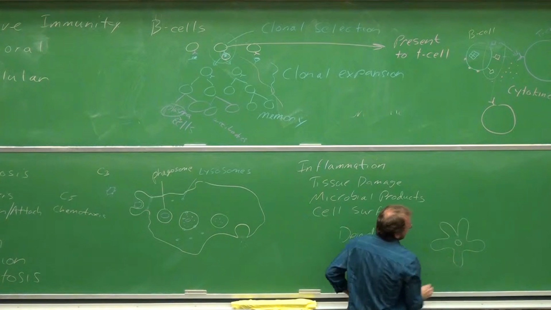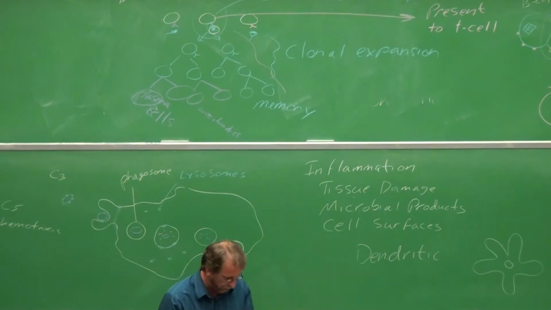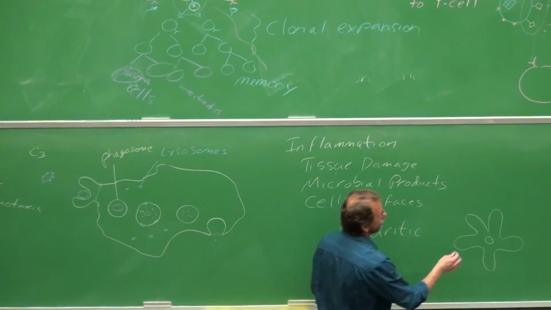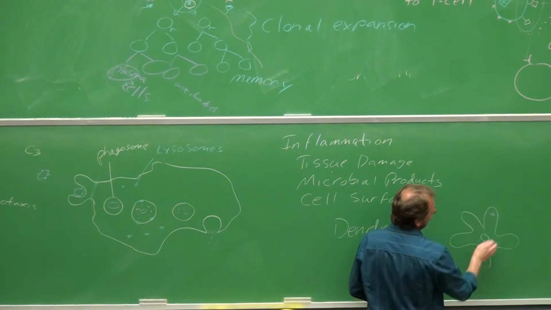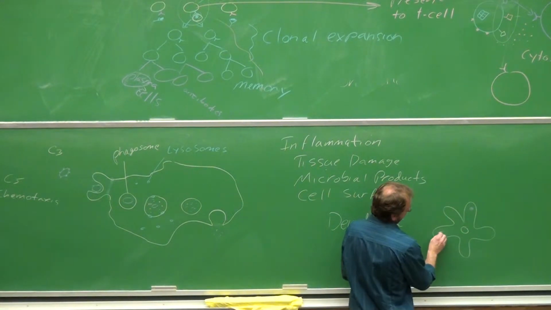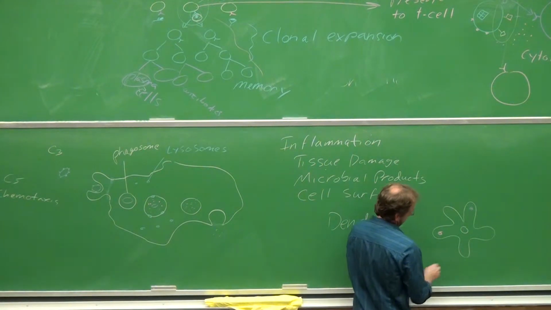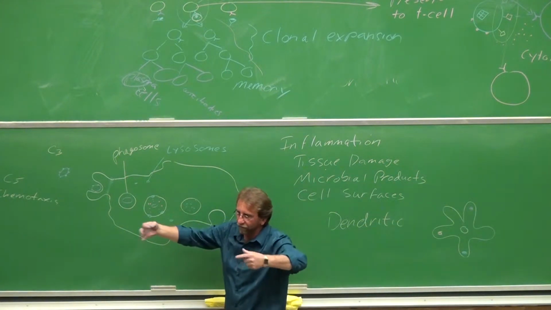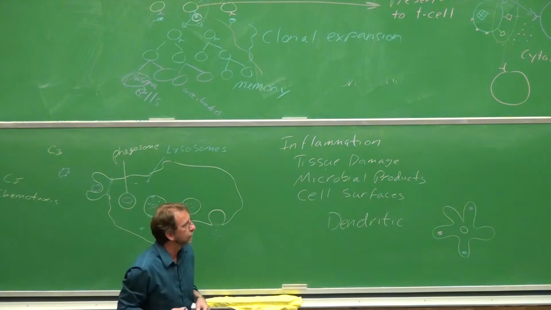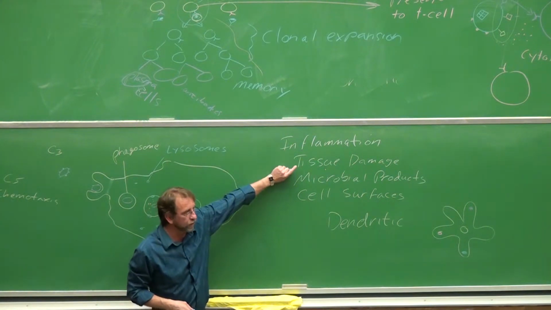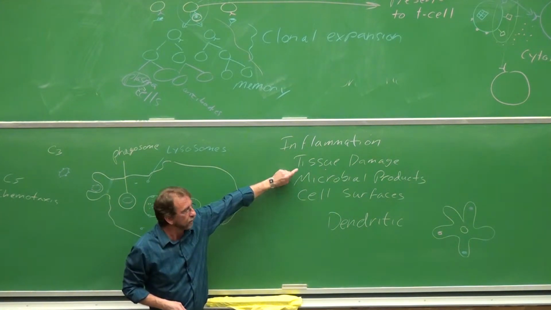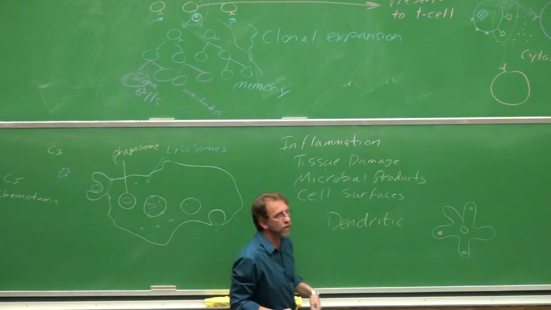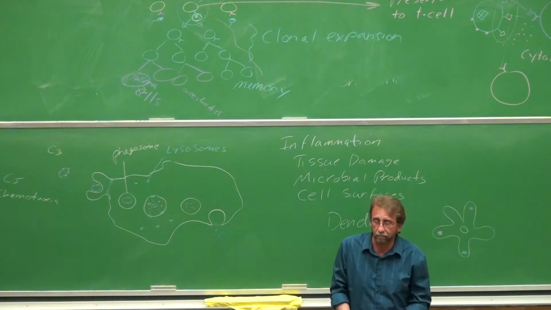Their main role is really to pick up different antigens. So it's basically engulfed these different antigens from the inflammatory location. And now it makes its way into the lymphatic system.